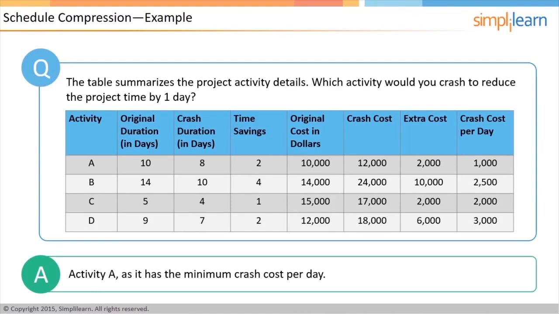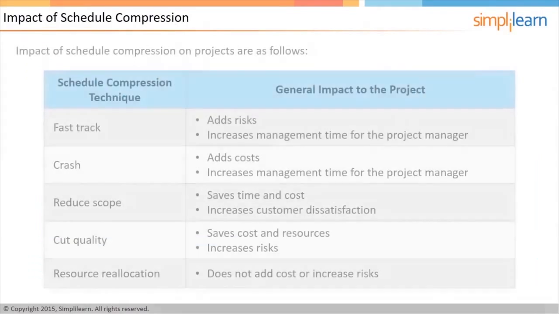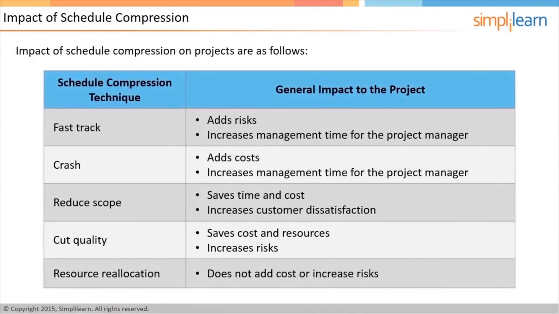In the next screen, let us look into the impact of schedule compression. Different schedule compression techniques have different impact on the project. The impact of fast track leads to risk additions and increase in management time for the project manager. Crash leads to cost addition and increase in management time for the project manager.